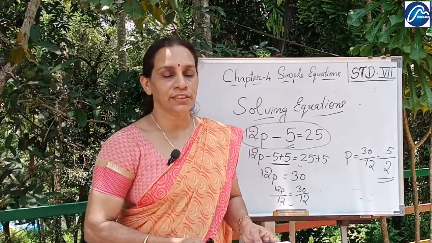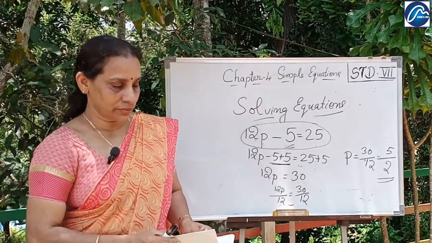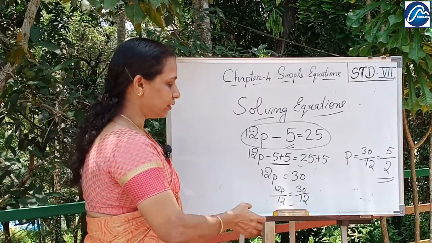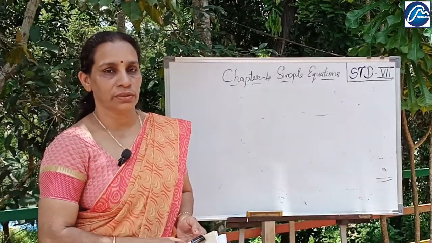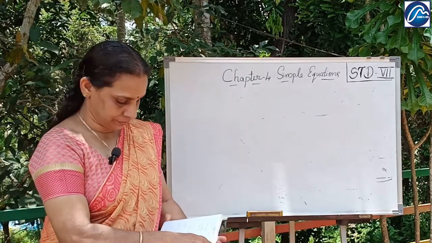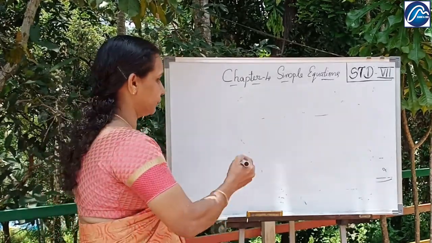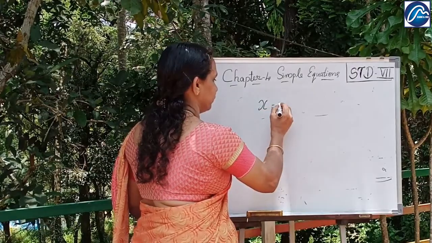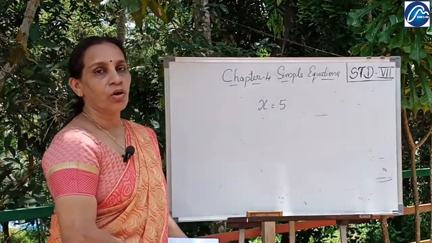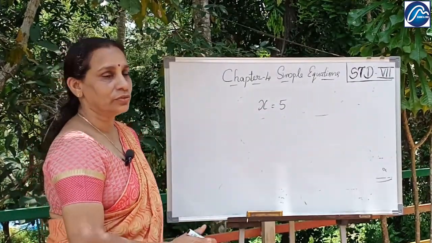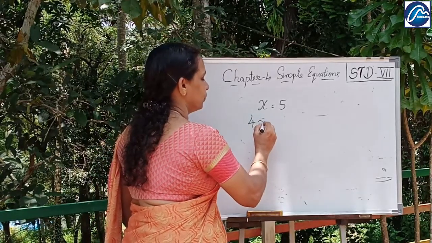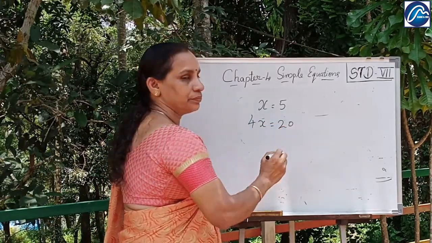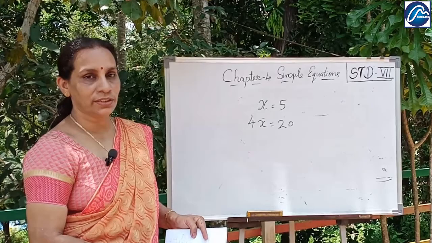Say x is equal to 5. When I give that solution to an equation, if x is equal to 5, then 4x is equal to 20.